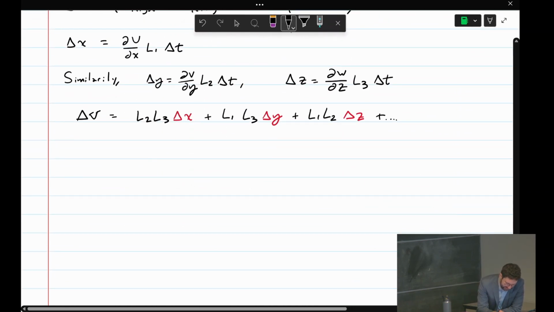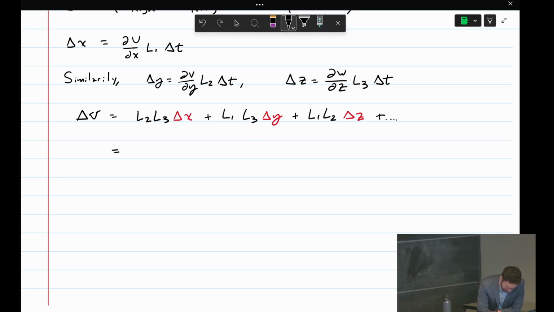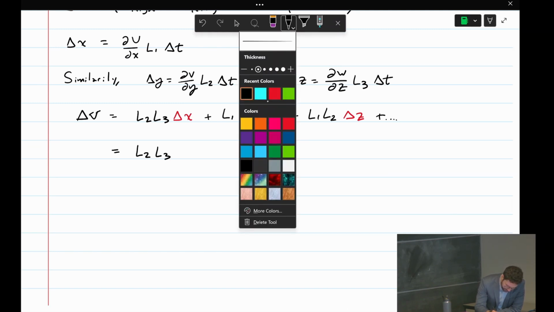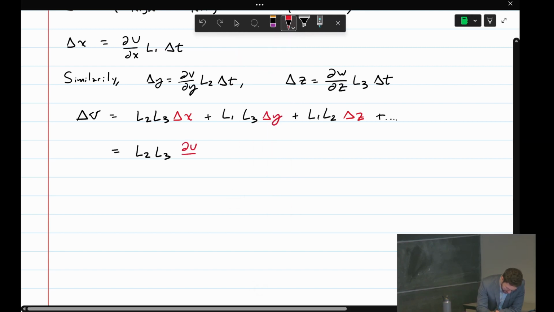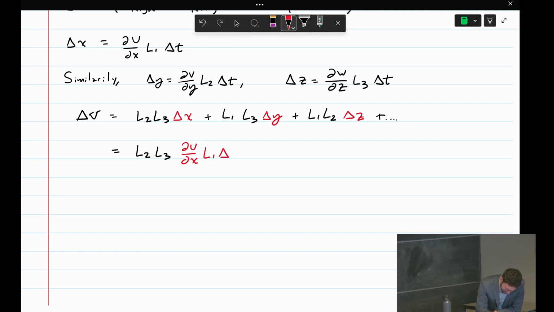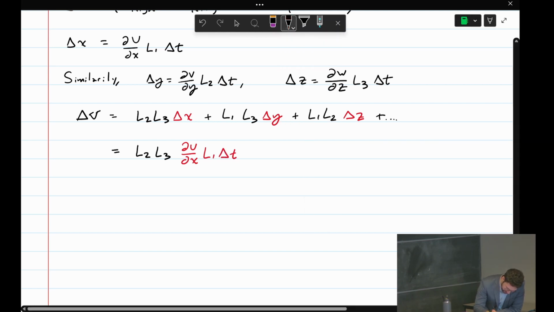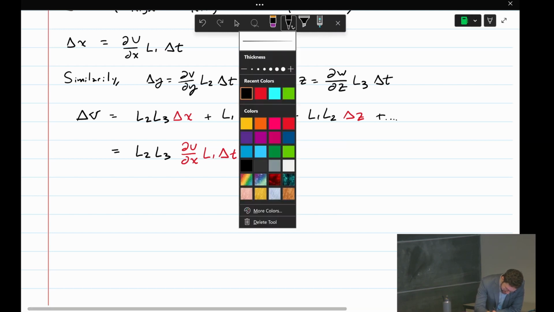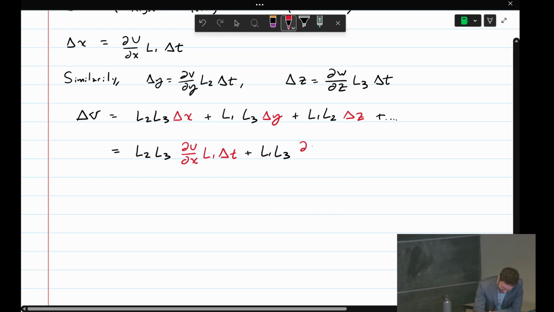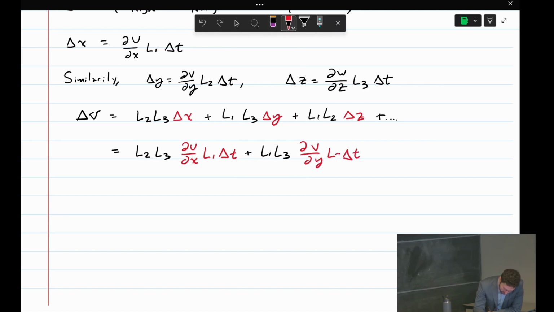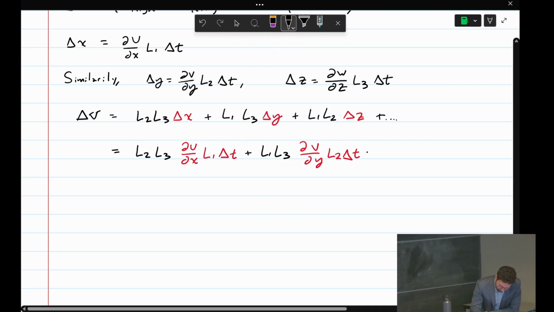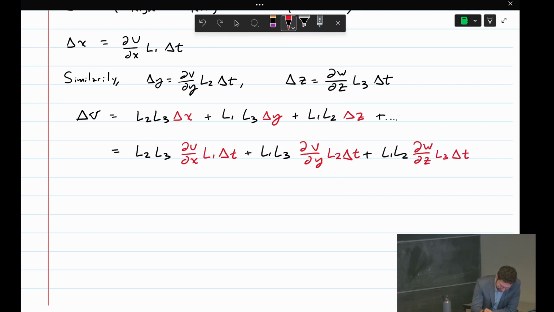Okay, so I'm just copying this so we have it for reference. Now let's replace those delta x's with the expressions we just derived. So L2, L3, partial u by partial x, L1 delta t, plus L1, L3, partial v by partial y, L2 delta t, plus L1, L2, partial w by partial z, L3 delta t.